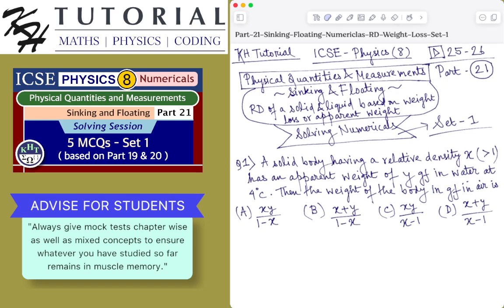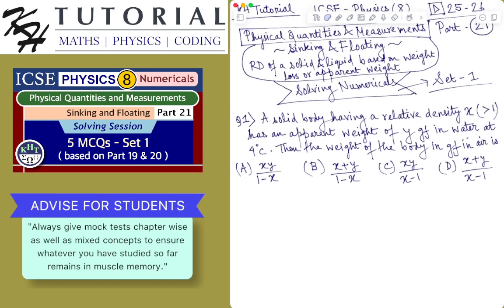Okay, so we know that when a solid body is denser than water at 4 degrees centigrade, which basically means whose density is greater than 1 or relative density is greater than 1, it gets completely immersed. And we know that the loss in weight is the buoyant force that the body experiences by the water.